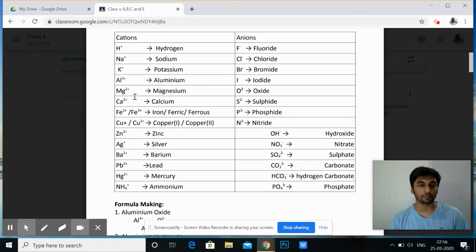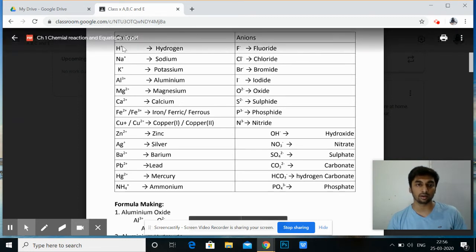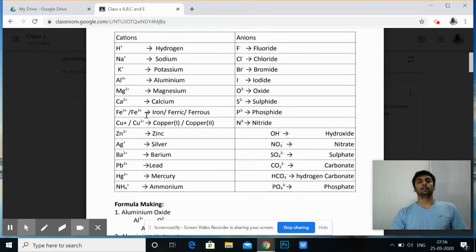Remaining ones, except copper, all contain plus charge, and NH4 also contains plus charge. So generally metals contain one plus or two plus, except aluminium and iron. You can remember it in this way also.